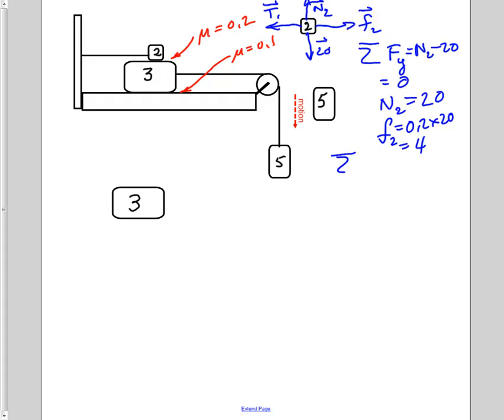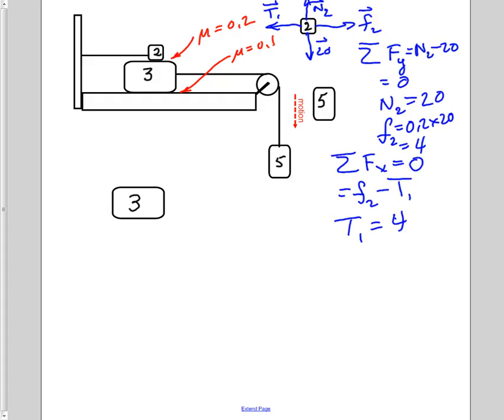Sum of the forces in the x direction is equal to 0, and that's equal to F2 minus T1, and that tells me that T1 is equal to 4 newtons, because F2 is 4 newtons.